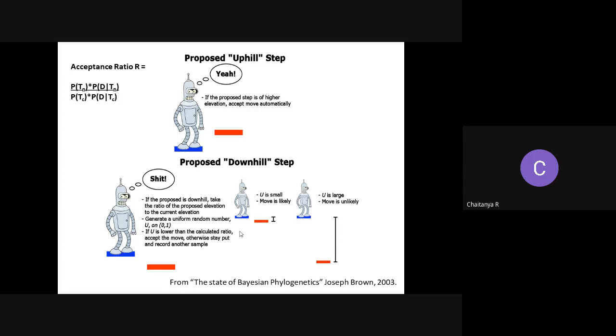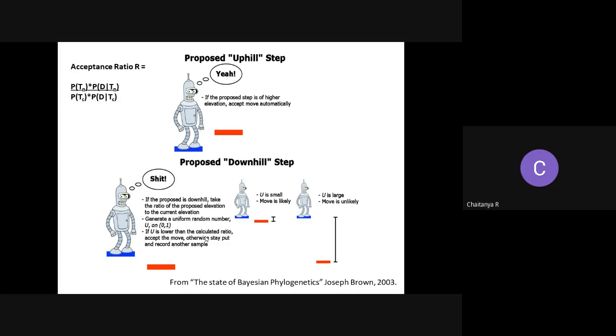I think that value is about 0.85. Let's say it's 0.85. Now it also generates a uniform random number between 0 and 1. Any random number. So if I have to pick a random number, I'd say, okay, 0.65, for example. That's between 0 and 1.